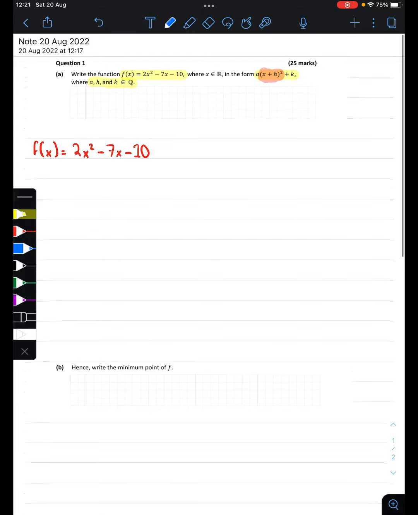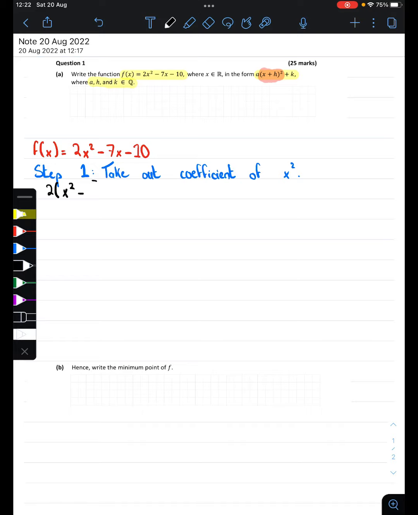So first of all, step 1 is take out the coefficient of x squared. In this case, we're going to take out the value 2 and then rewrite this as x squared minus 7 over 2 x minus 5.